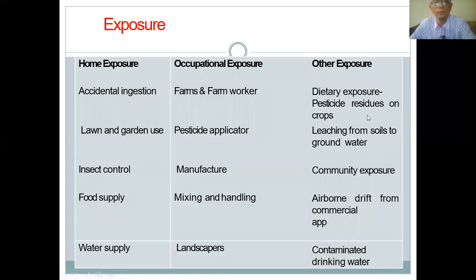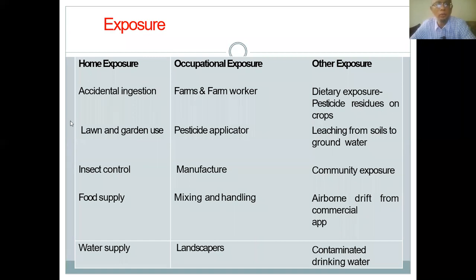So you will see how the exposure occurs. In home exposure, that is accidental ingestion, and occupational exposure, farms and farm workers. Other exposure, dietary exposure, pesticide residues on the crops.